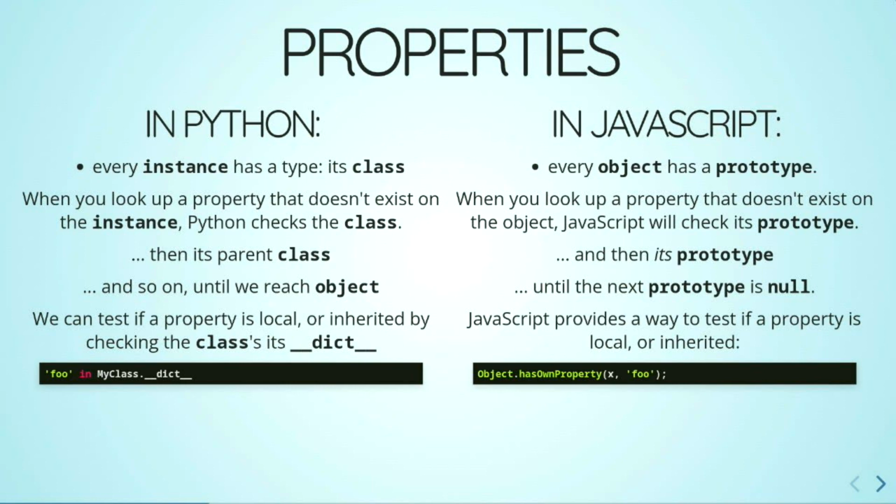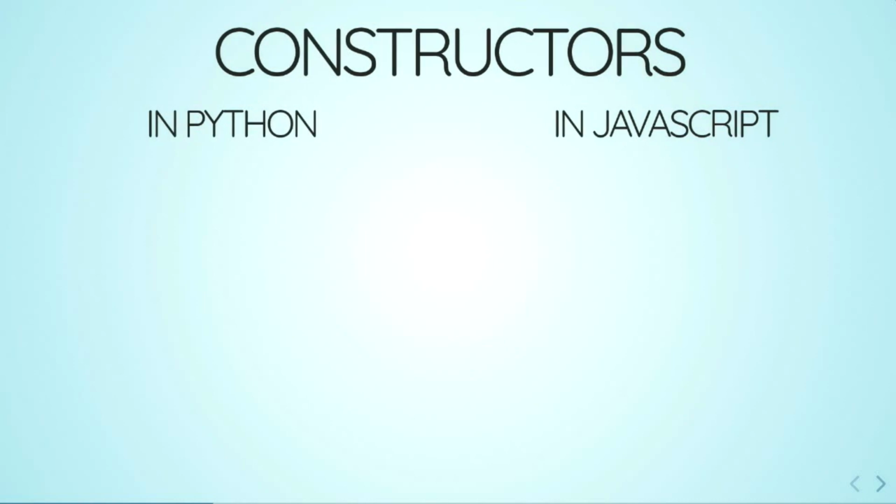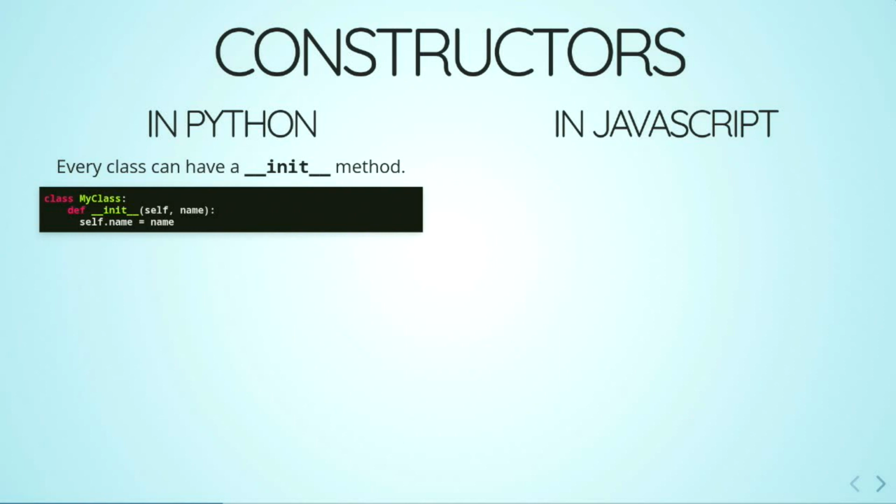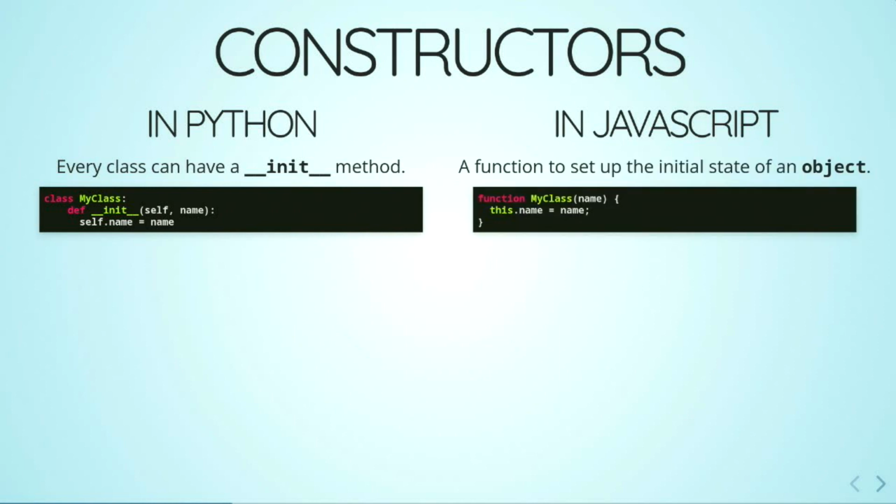Next, we'll step on to constructors. Now, in Python, we're all familiar with the dunder init method, which we can define on our class to say, hey, let's get set up and let's get ready to go. In JavaScript, you actually write a function that is not directly part of your class, which constructs your object instance pretty much the same way.